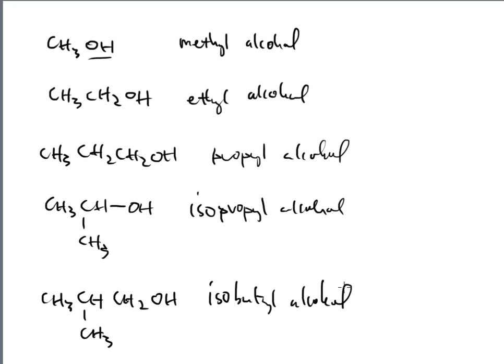However, we are limited, just like before. Not all of these groups can be referred to in a common way. The larger that these groups become, the bigger that the alcohol becomes, the more chances of it not having a common name. So we have to have an IUPAC name in place, and we would prefer you to use the IUPAC whenever you can.